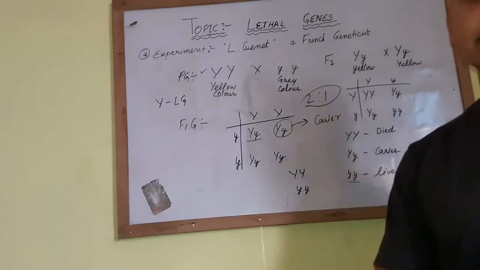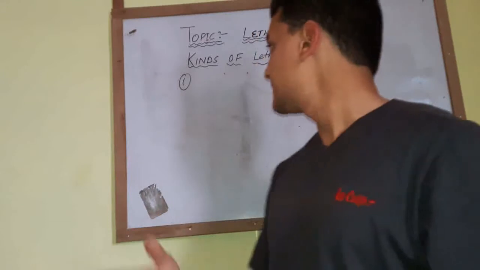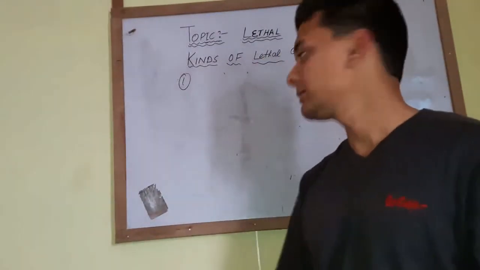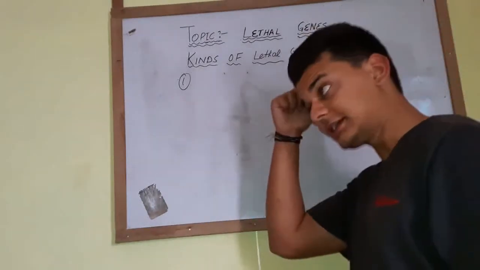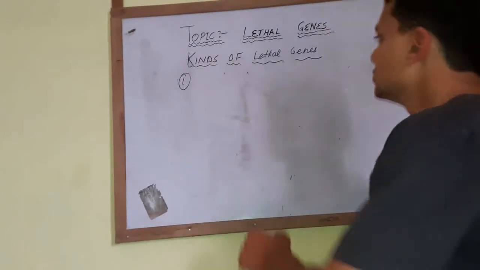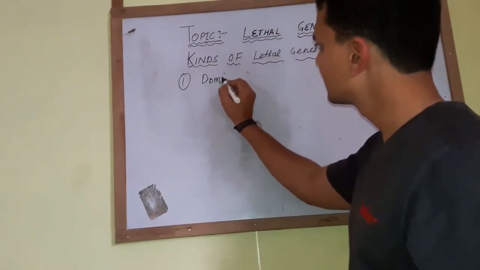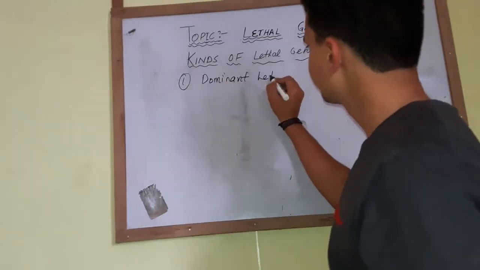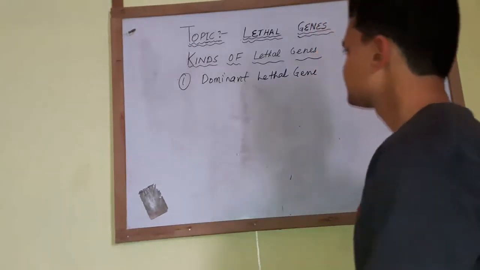Now we will talk about the kinds of lethal genes, how many kinds there are. Lethal genes are generally 3 types, right? What are the 3 types? Let's talk. The very first type is the dominant lethal gene.